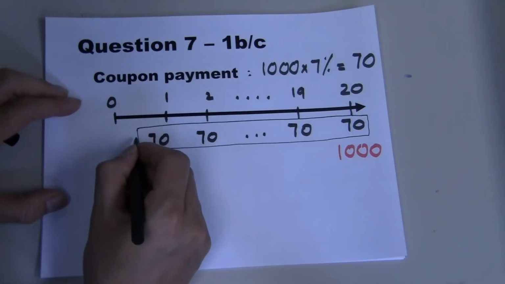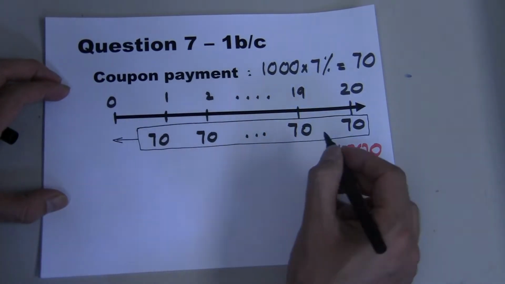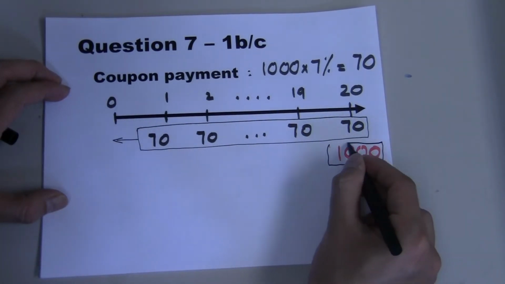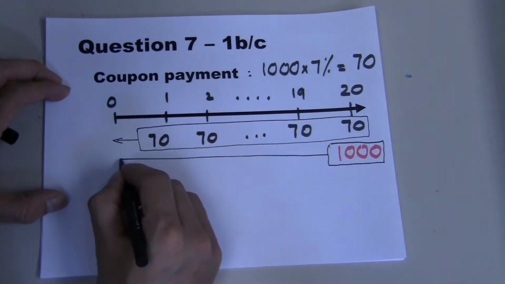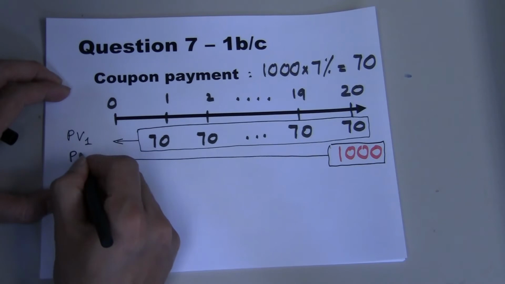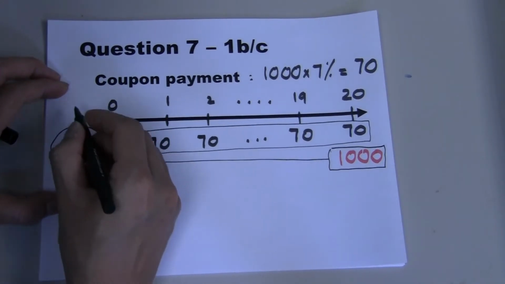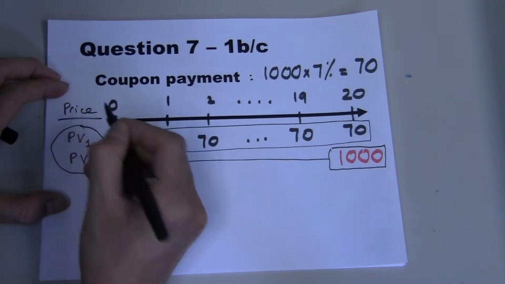So you can calculate the present value of this annuity and add it to the present value of a single sum. You have PV1 and over here PV2, and combined you have the price of the bond. That's it.